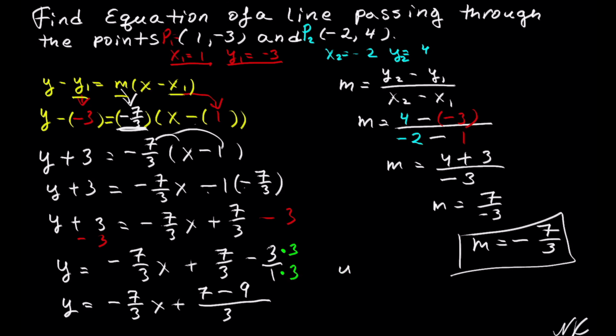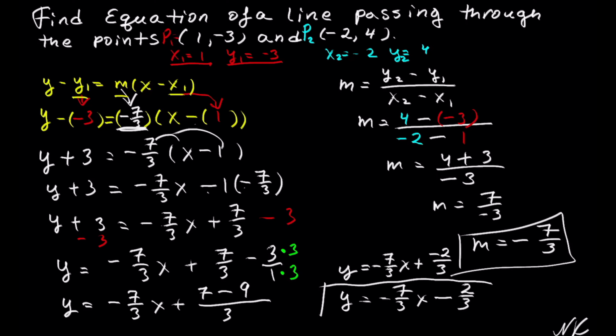So we get y equals -7/3 x plus the difference between positive 7 and 9, which is -2, over 3. We get y equals -7/3 x, positive times a negative gives us -2/3. So y equals -7/3 x minus 2/3 is our solution. That's all.